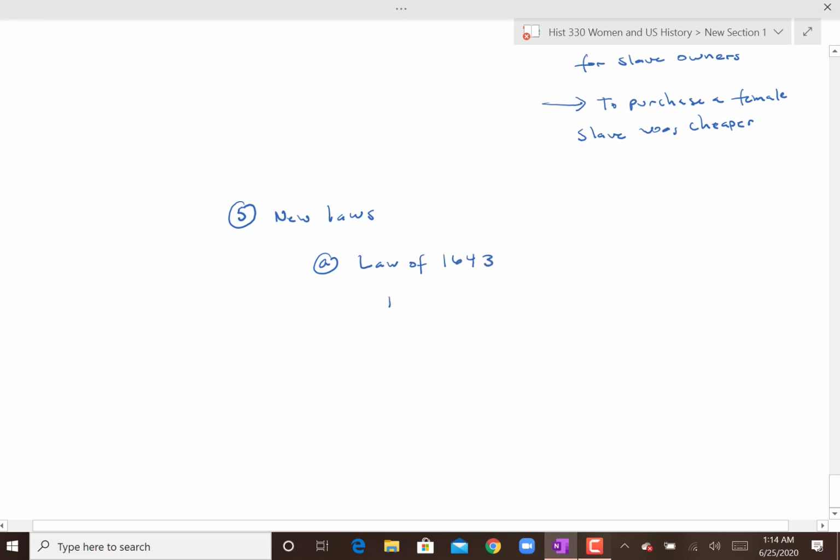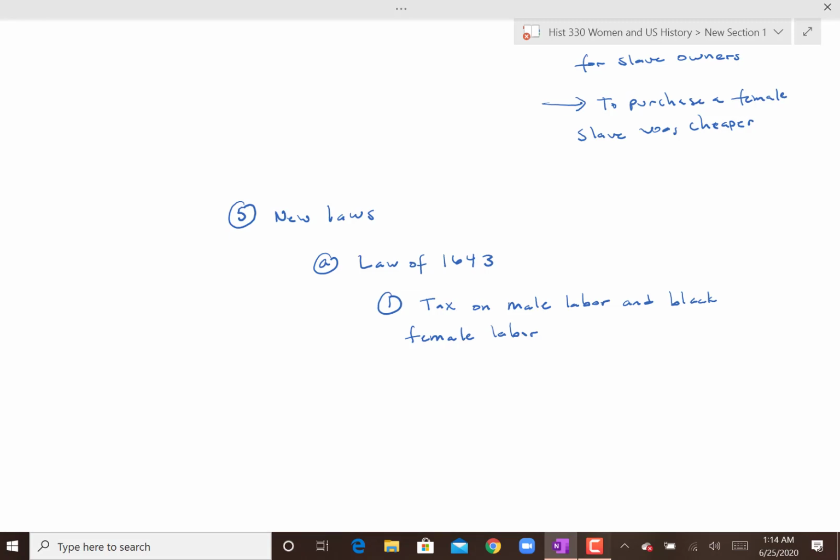The law in 1643, what it did is that it specified a tax on male labor and black female labor. So what's important with this is there was an expectation that you're using labor for profit to make money.